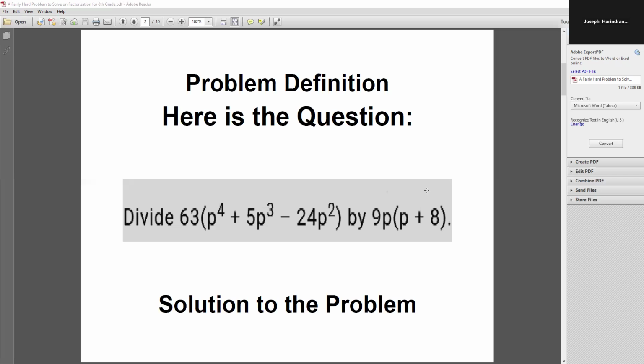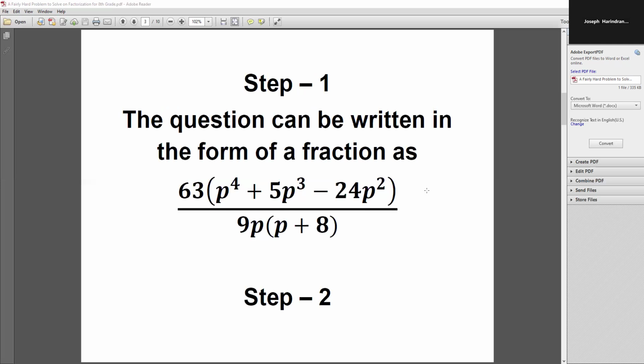Let us go to the solution of the problem. Step 1. This question can be written in the form of a fraction as 63 into p power 4 plus 5p cubed minus 24p squared whole divided by 9p into p plus 8 within brackets. Now, we express division.